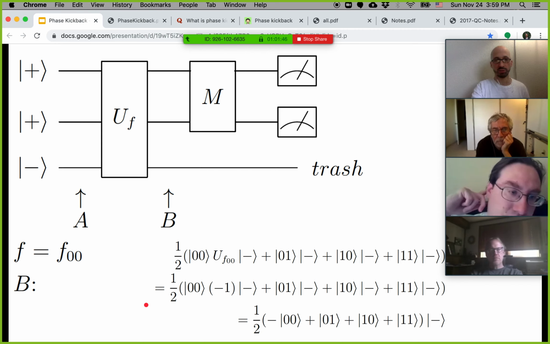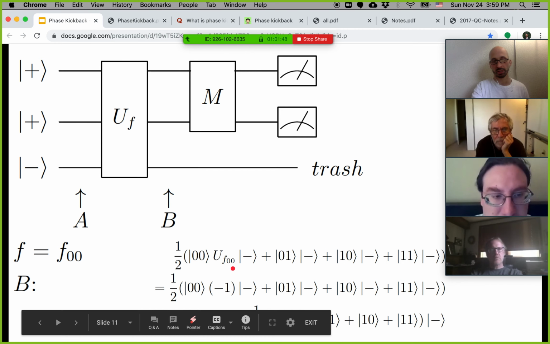So at point B, we're going to consider an example when function f happens to be f00, which returns 1 on input 00. So we are going to apply matrix U f00 on 00 and do nothing in every other case.